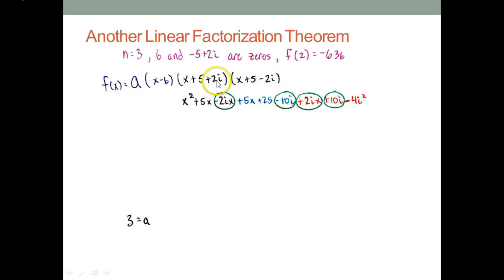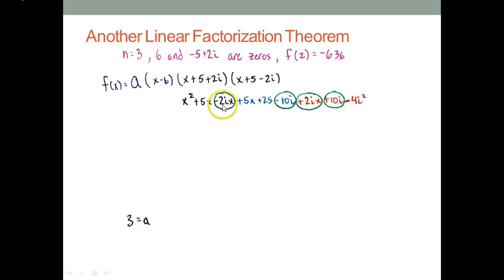Now the red terms at the end, I'm going to multiply the positive 2i. So positive 2i times x, positive 2ix. Positive 2i times positive 5, positive 10i. And positive 2i times negative 2i, here we go, negative 4i squared. Now recall from one of our earlier videos that i is the square root of negative 1, so i squared will just be negative 1.